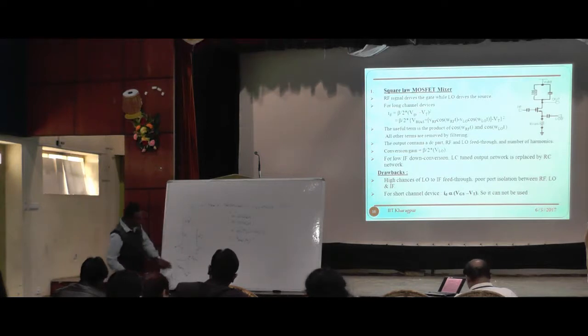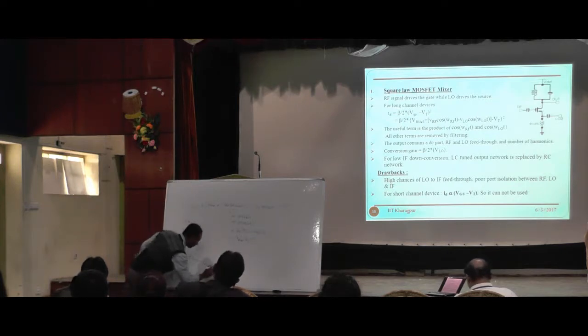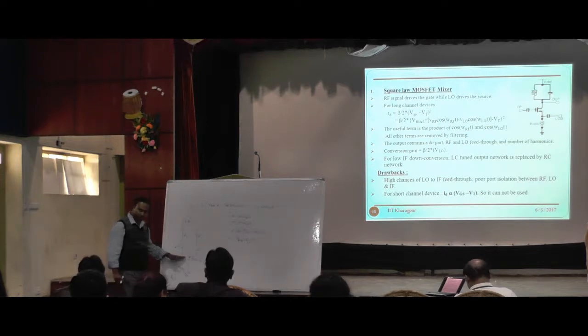If the signal is not there, constantly I bias current will flow, plus this additional small signal term, which will generate, let's say, IRF current.